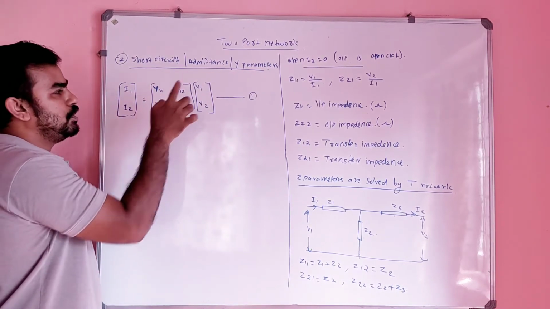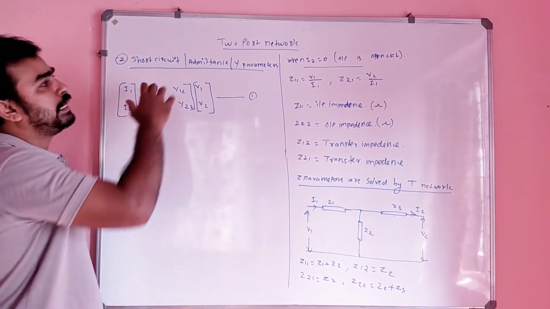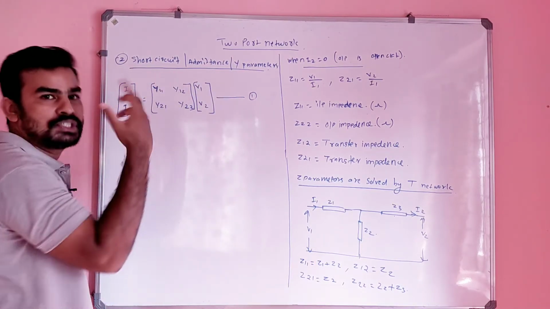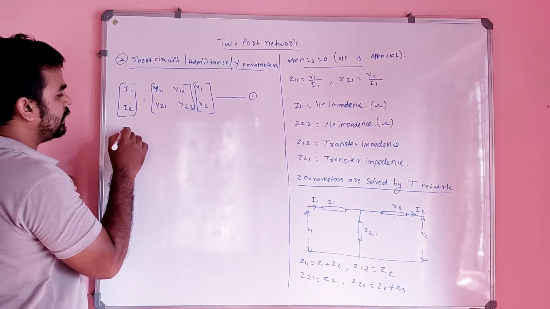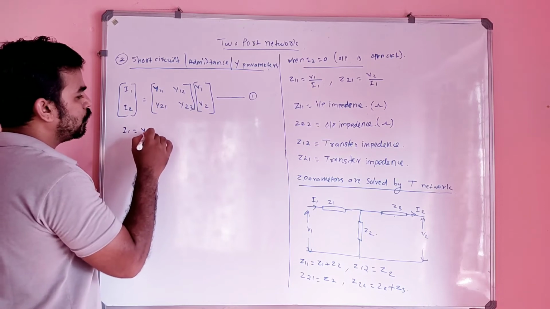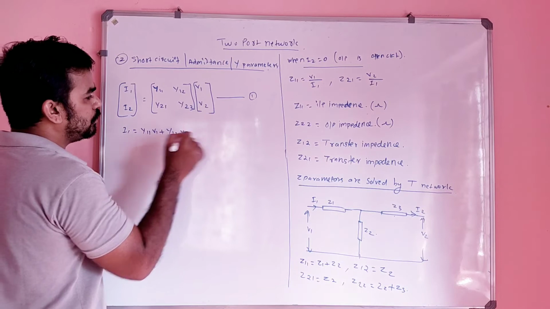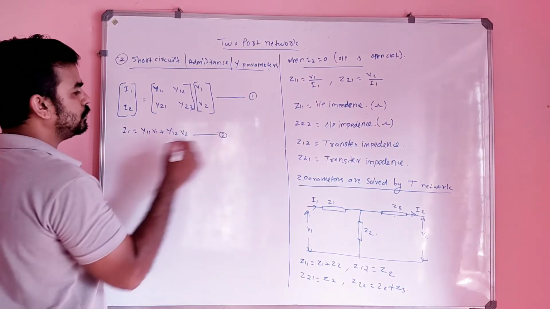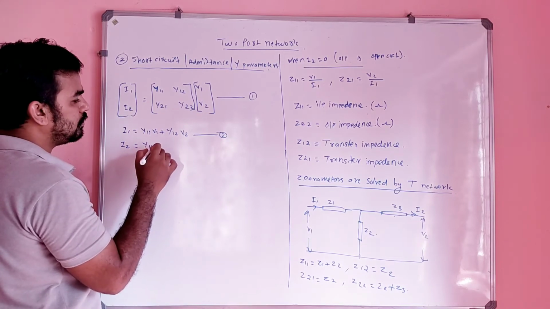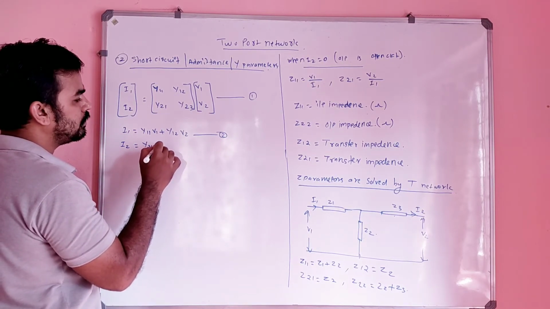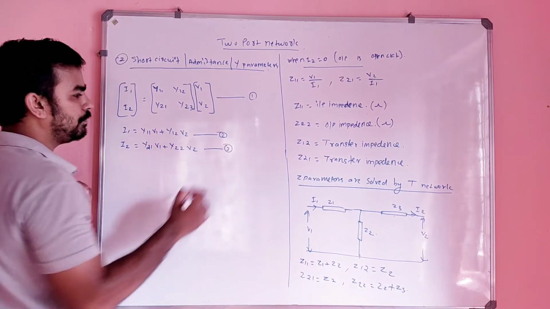This Y11, Y12, Y21 and Y22 are all called the Y parameter or admittance parameter or short circuit parameter. Clear? See, from this I can write I1 will be equal to Y11 V1 plus Y12 V2, let it be equation number 2. And what is I2 here? I2 will be nothing but Y21 V1 plus Y22 V2. Let it be equation number 3.